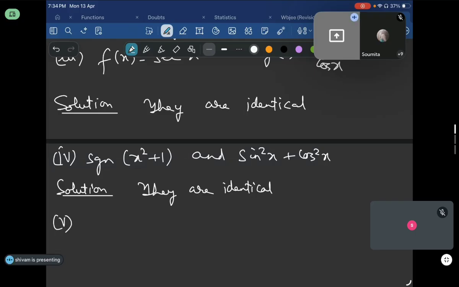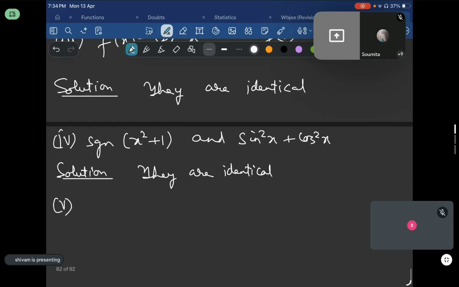Number 5. Sec square x minus tan square x and 1. Are they identical?